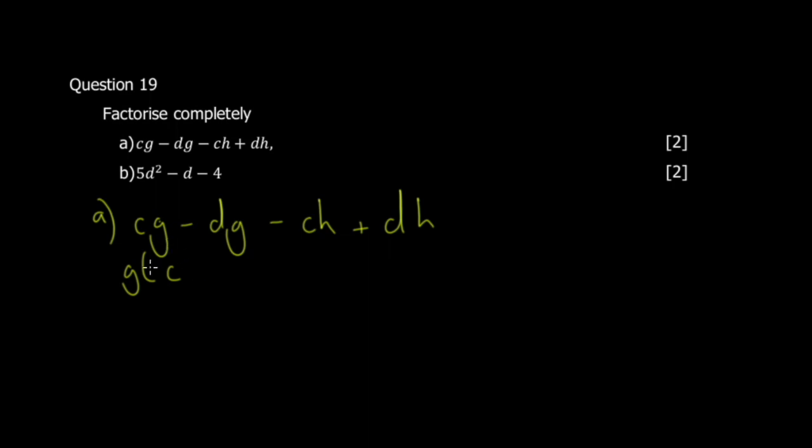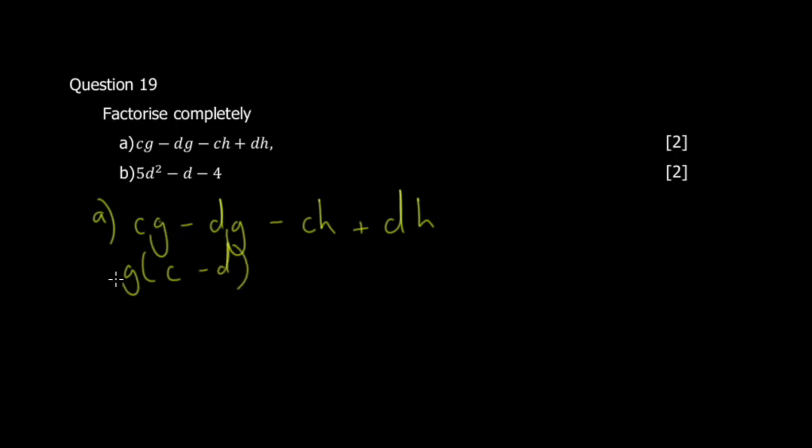Question 19 says factorize completely, and what do we have? We have CG minus DG minus CH plus DH. Whenever you have 4 entries, usually it almost certainly means just match the brackets. Okay, so here for the first one, it's okay, just do whatever you want. But then you just factor out what's common.